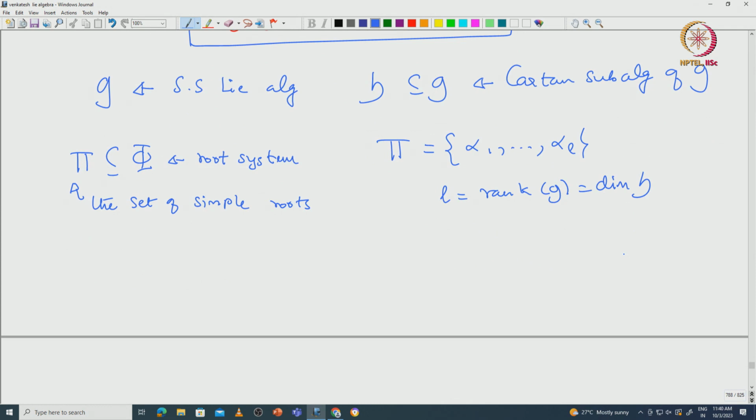Now for each i from 1 to l, we have an sl2 triple, sl2 i triple, which is Xi, Hi and Yi, which is fixed.